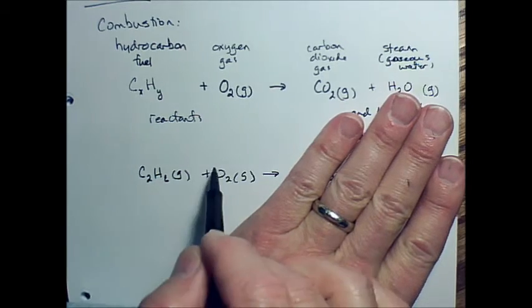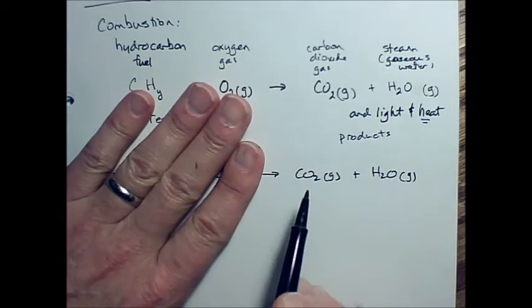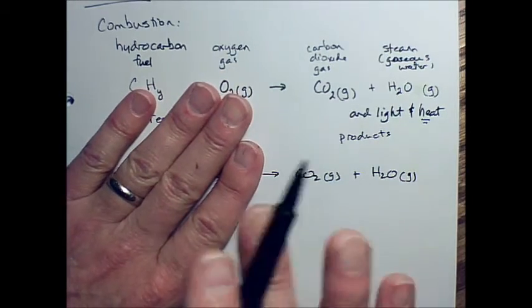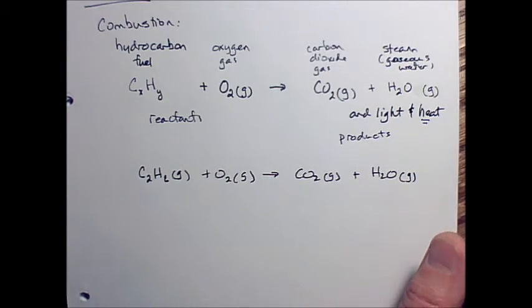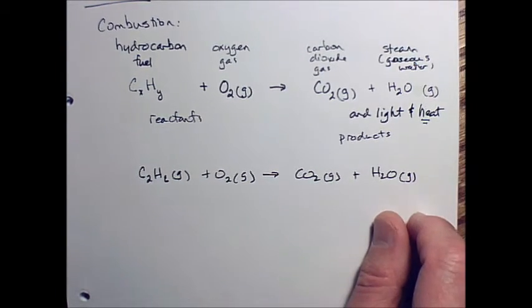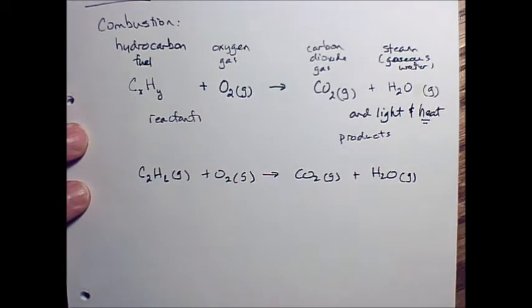And if you have hydrocarbon and oxygen in this class, at this time, you can always predict CO2 and water. End of story. That's combustion. Classified as combustion. Now, I haven't balanced the equation. I've just given you a skeletal equation for the moment. Got that? Any questions?